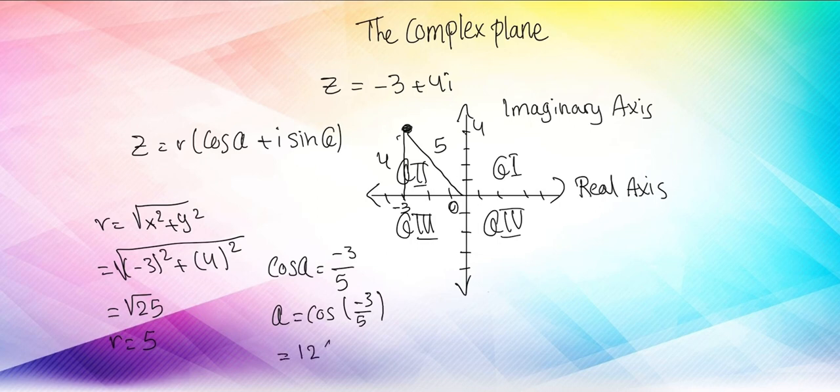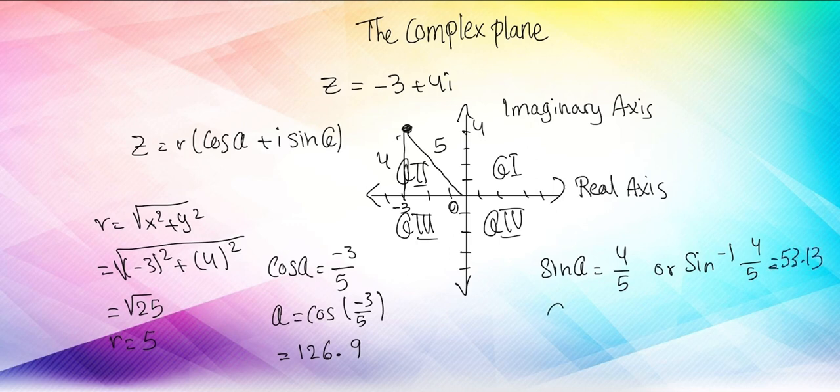And sin θ equals 4 over 5, so θ equals sin inverse of 4 over 5, equals 53.13. The answer is 53.13.